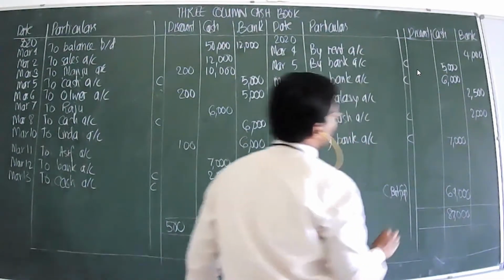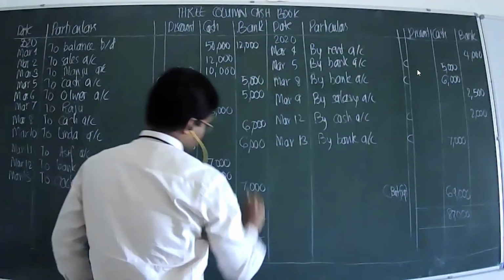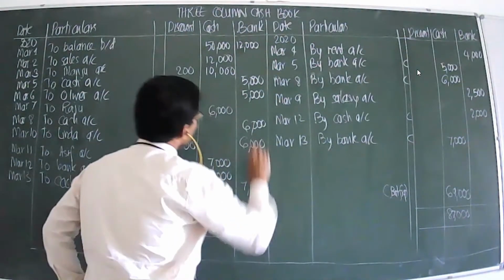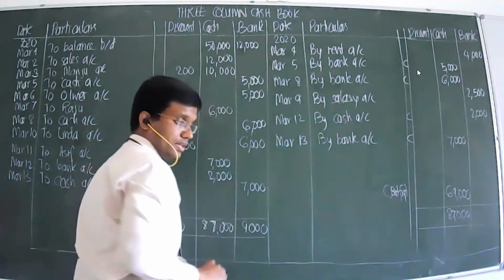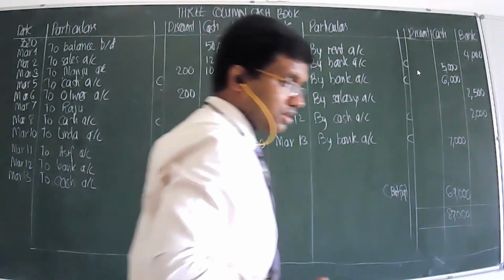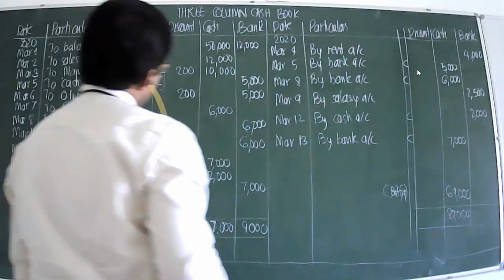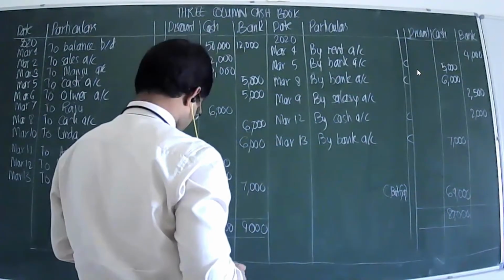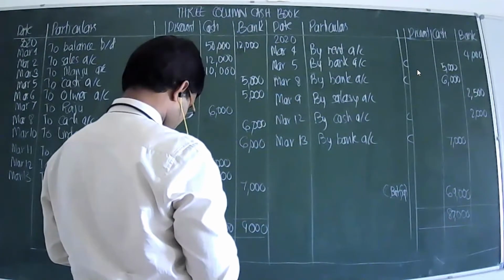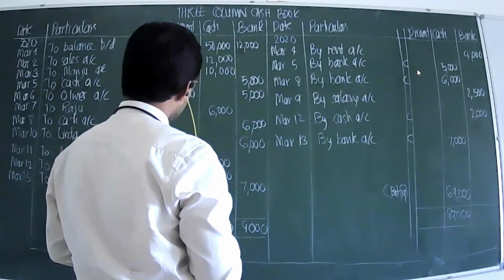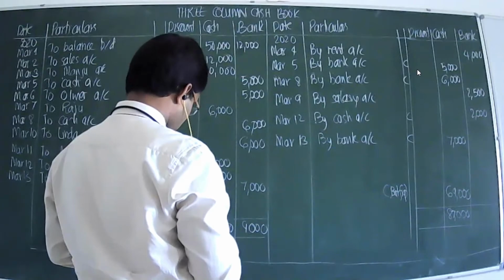So similarly, we have to total up for bank column. So let's just quickly total up. So here it is 0, 0, 0, 10, 22, 22, 9, 12,000 plus 5,000 plus 5,000 plus 6,000 plus 6,000 plus 7,000, 41,000.